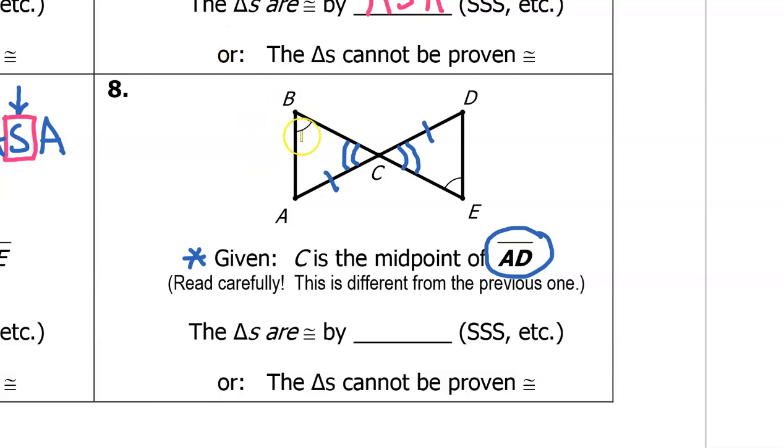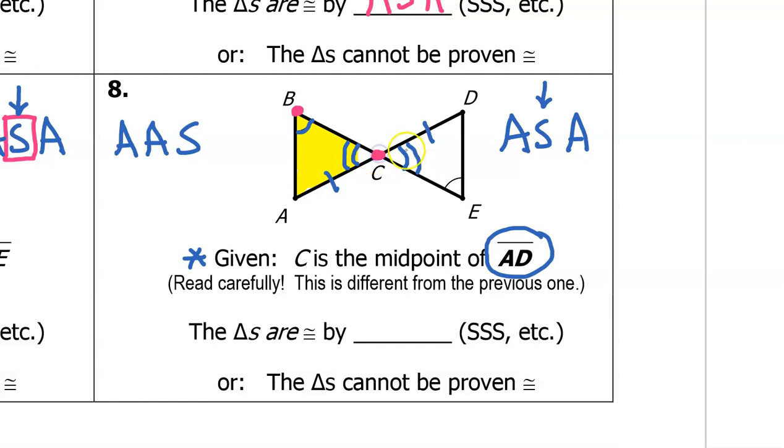Let's go ahead and focus on one triangle at a time. For example, let's focus on this triangle in yellow. What information do we have? I see that we have two angles and a side, just like before. So this is either going to be angle, angle, side, or it will be angle, side, angle. It all depends on whether or not the side is between the two angles. Well, here's one angle that's marked congruent.